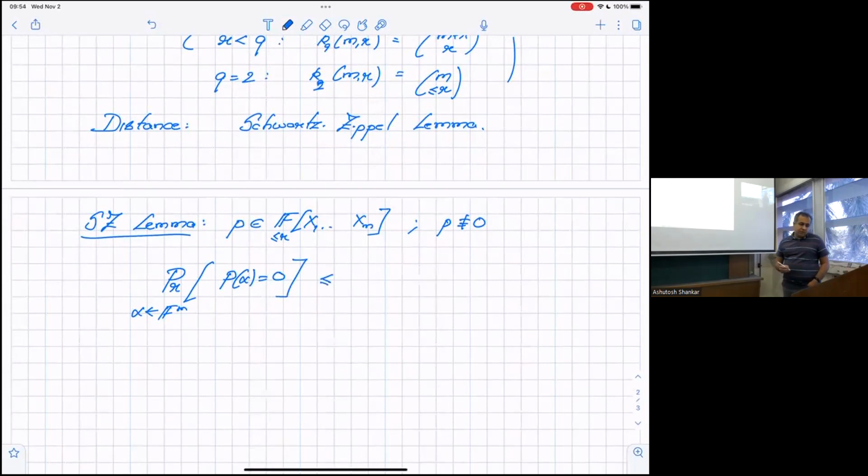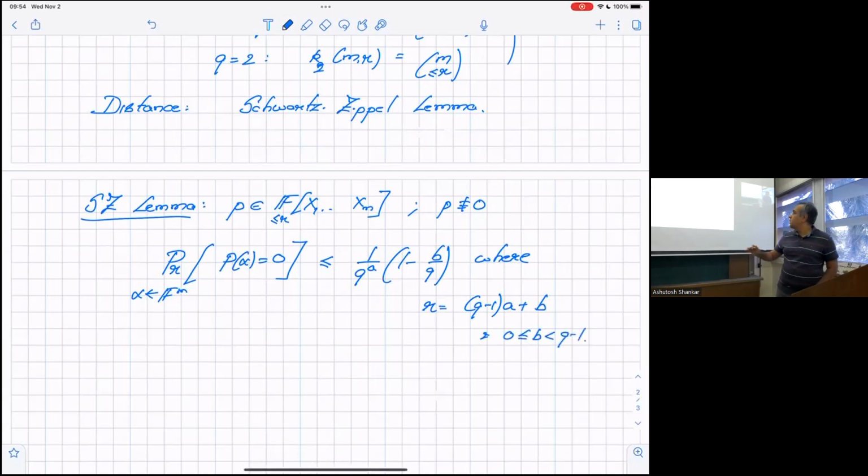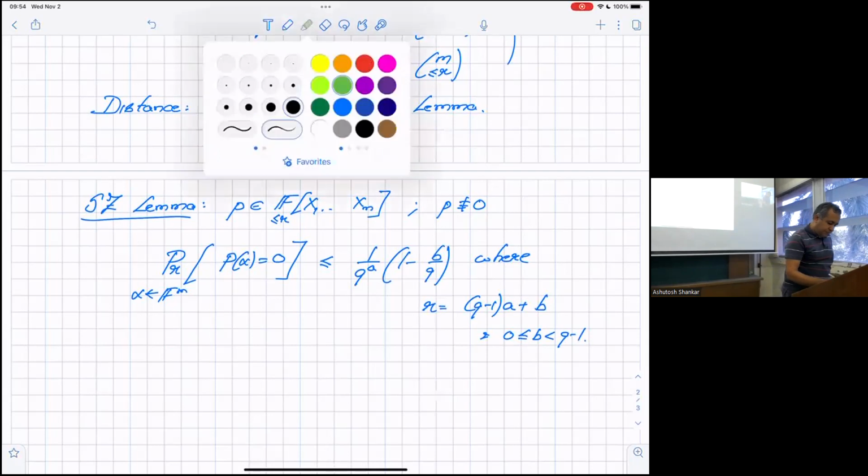The fact is that this quantity is less than or equal to 1 by q to the a, times 1 minus b by q, where a and b come from writing r as (q minus 1) times a plus b, with 0 less than or equal to b less than q minus 1. You divide by q minus 1 and plug that in. We have stated this without proof.